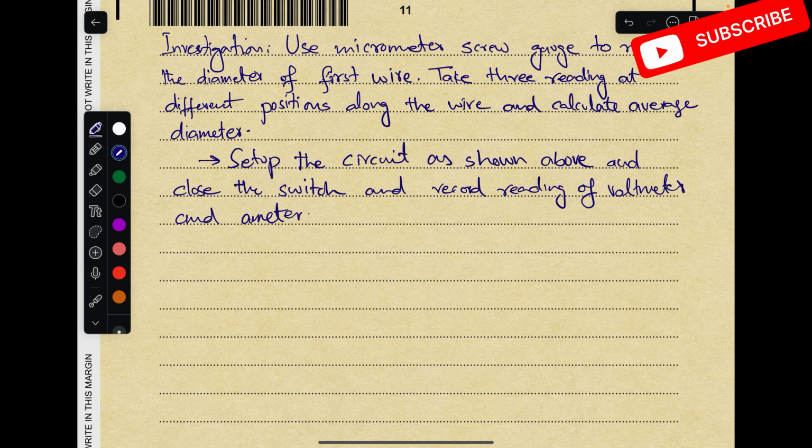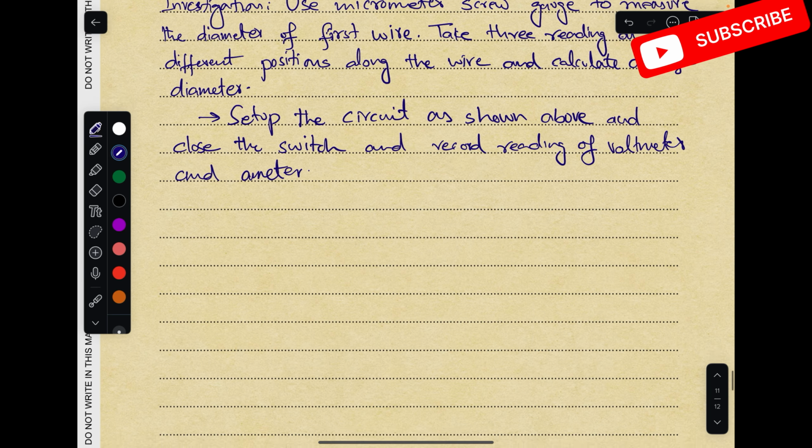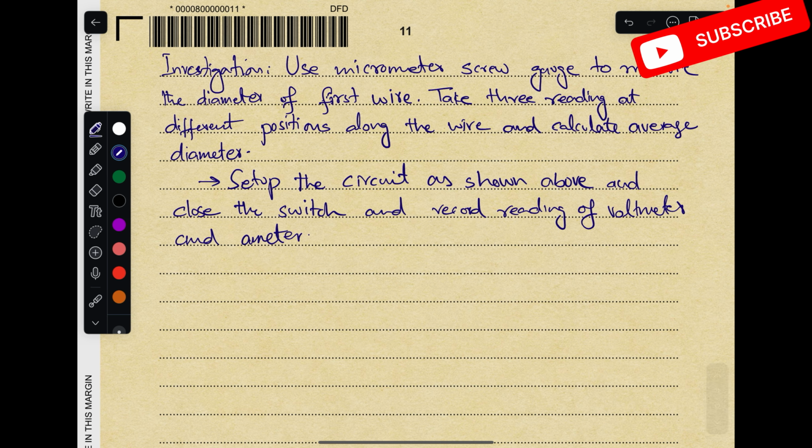Now in the next step, we have covered point 2. In the third point, state one key variable to keep constant. Now what you have to do, you have to repeat this with a different wire. You don't have to write out all of the things.